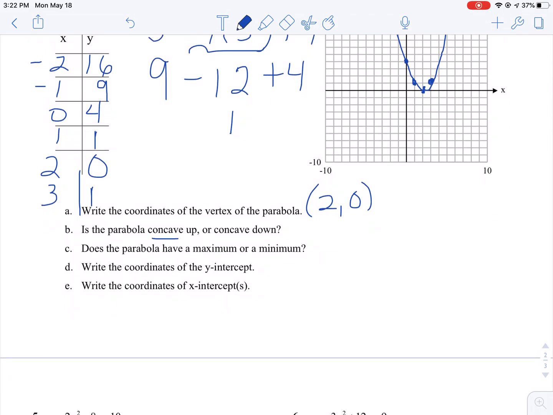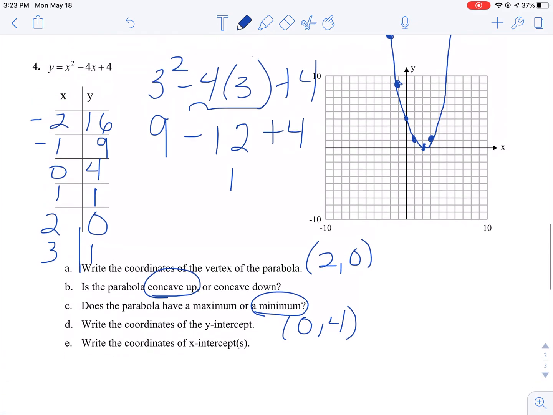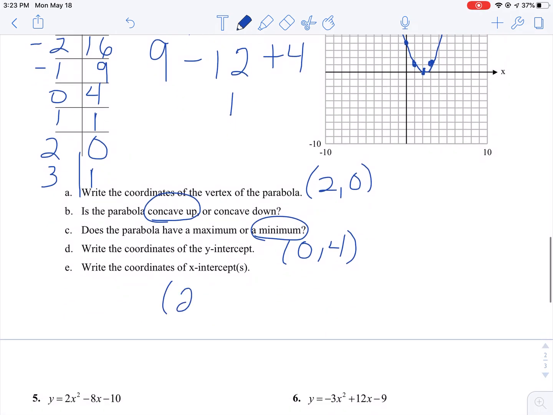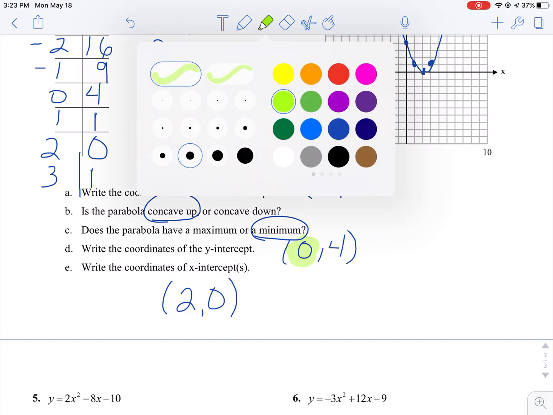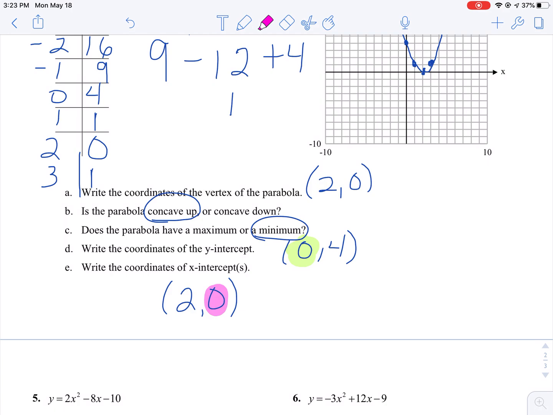It's concave up. It has a minimum. The y-intercept is at 0, 4. And for the x-intercepts, it doesn't have to have 2. In this case, it just has the one x-intercept, and so that would be 2, 0. And again, if it's a y-intercept, your x-coordinate is 0, and if it's an x-intercept, your y-coordinate is 0.